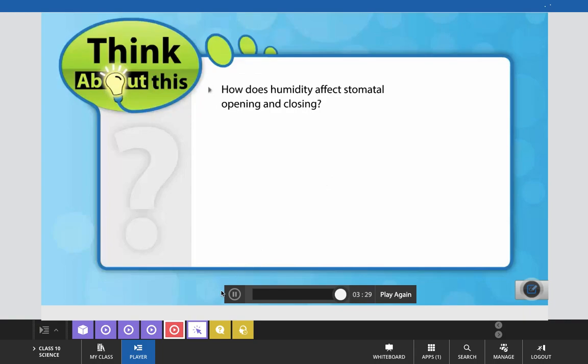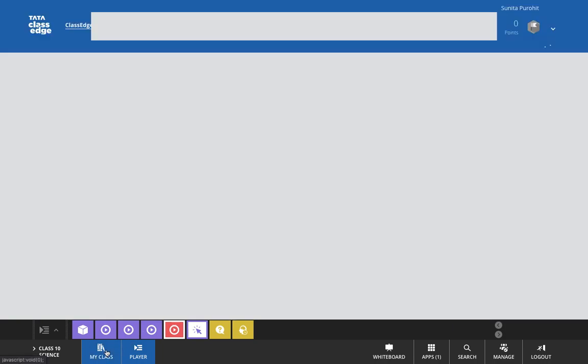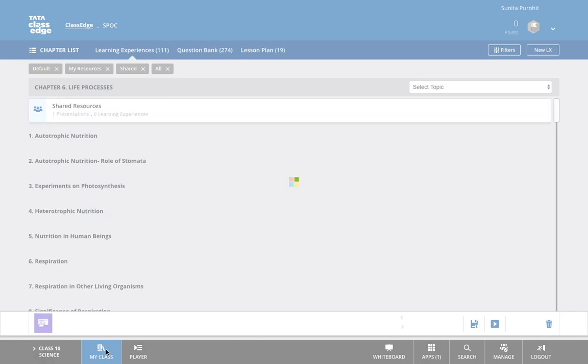Now, come to the next part of the class in which we will revise our topic, types of nutrition.